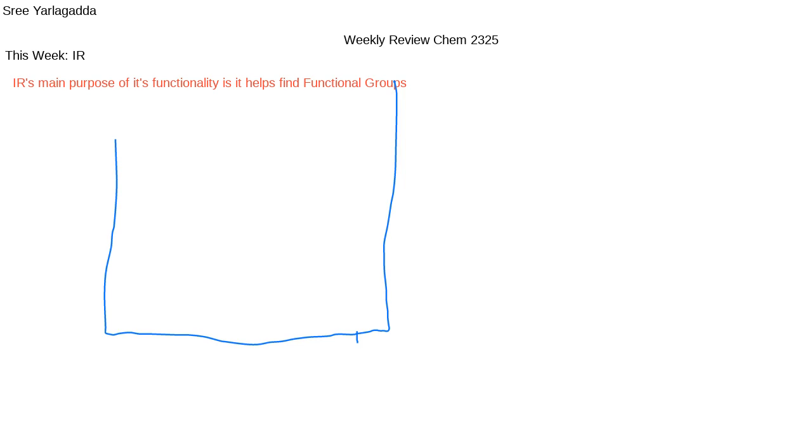And the reason why we call it the fingerprint region is because we don't really care about these, because it's really hard to tell, and it's really hard to distinguish those energies between two functional groups. And just like fingerprints, no two fingerprints are identical. That's the same way in functional groups. So you can just ignore everything that's on the right side of the fingerprint region. Okay.